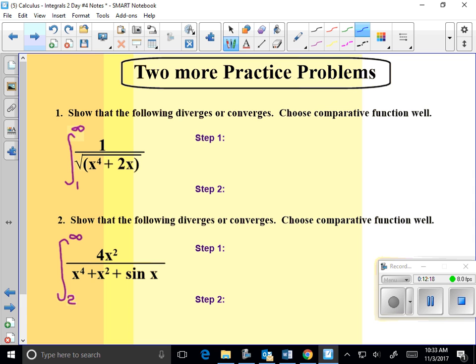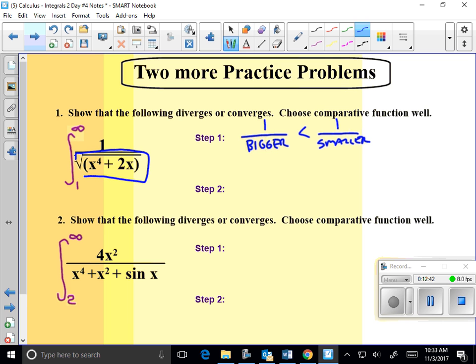But let's talk about this for a minute. When we talk denominators, if I have something bigger in the denominator, how would that be related to something that's got a smaller denominator? Which one's greater? The one with the smaller denominator, right? So I want to find something that's smaller than this.